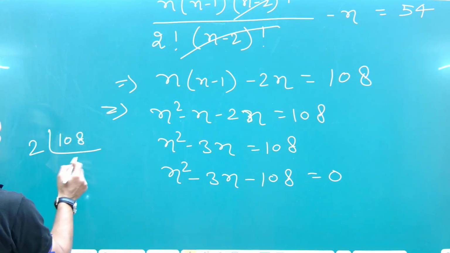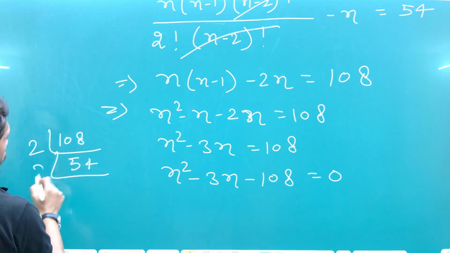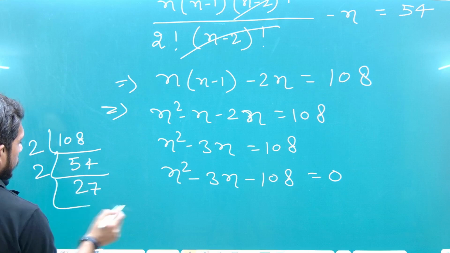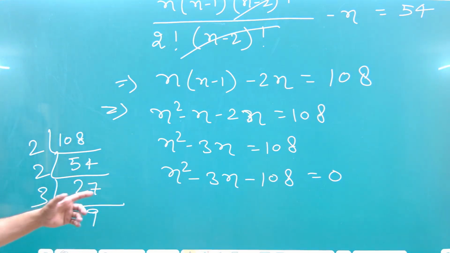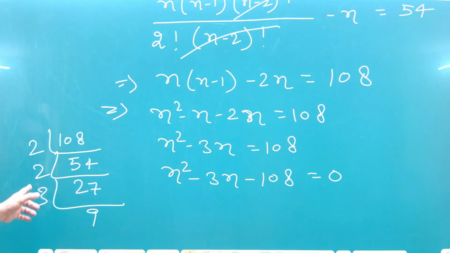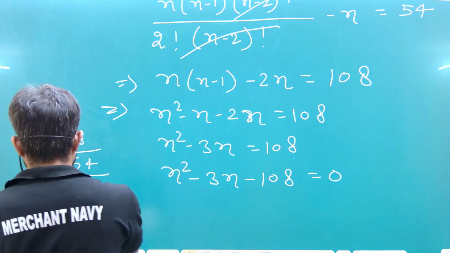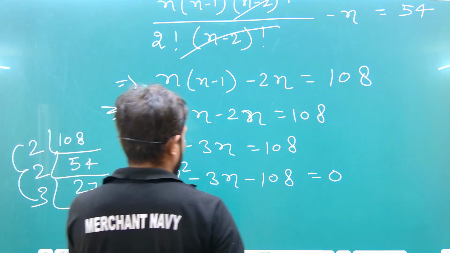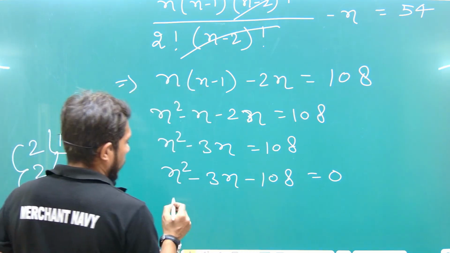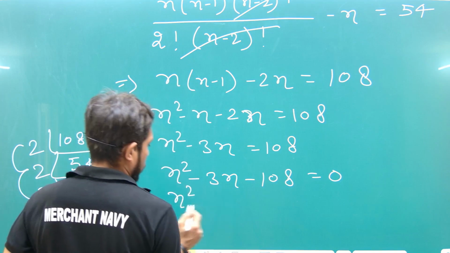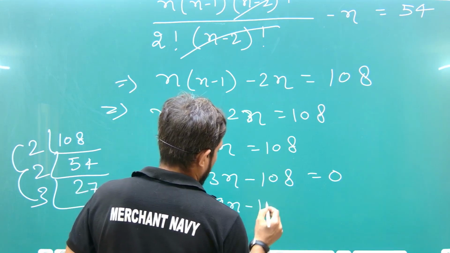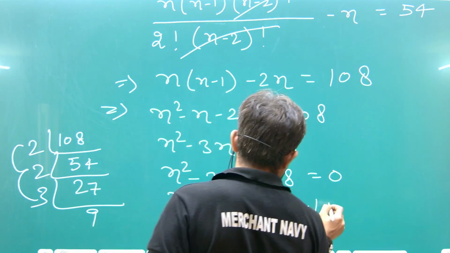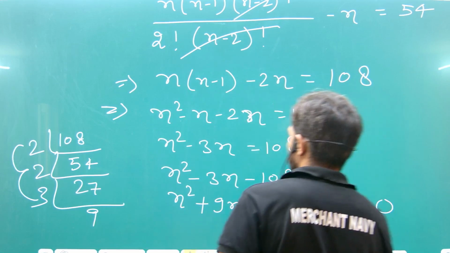108 becomes 2 of 54, 2 of 27, 3 of 9. So we need to find out: 3 twos are 6, 2 twos are 12, 12 minus 9 will equal 3. So we can write n square plus 9n minus 12n minus 108 equals 0.